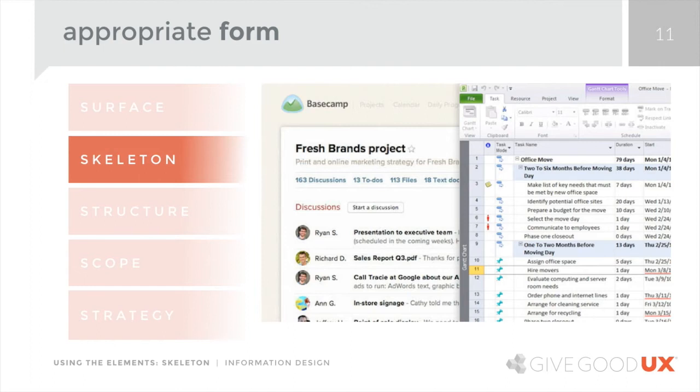And 37 Signals made a decision from the beginning to say, this is what we're doing, and we're not doing anything but this. So they pretty much ignored all the additional feature requests that they did get every once in a while. And that's because anyone who's looking for those features and functions, this wasn't the right product for them. They'd be better suited with something like Microsoft Project.